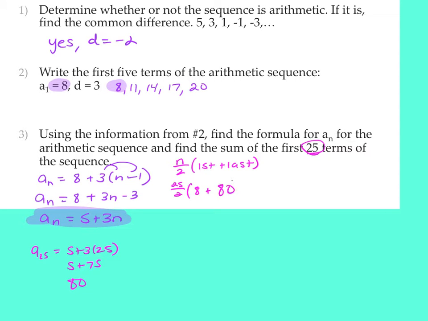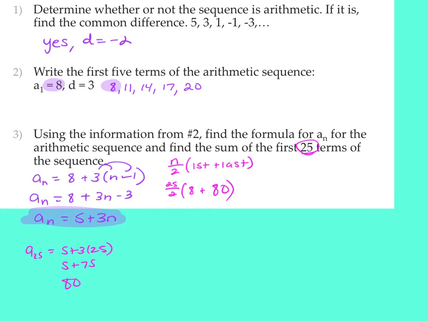What you don't want to do is plug in or add 3 twenty-five times. You wouldn't have time to do that. So you want to make sure you know how to find a sub n and then find that last term. So I'd get 12.5 times 88, which is 1100. That's the sum of the first 25 terms.